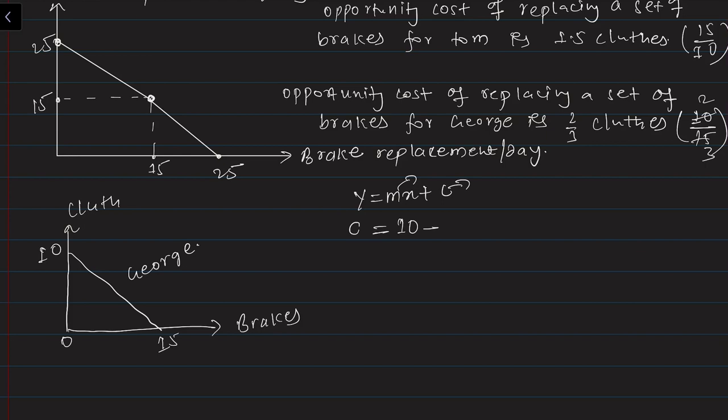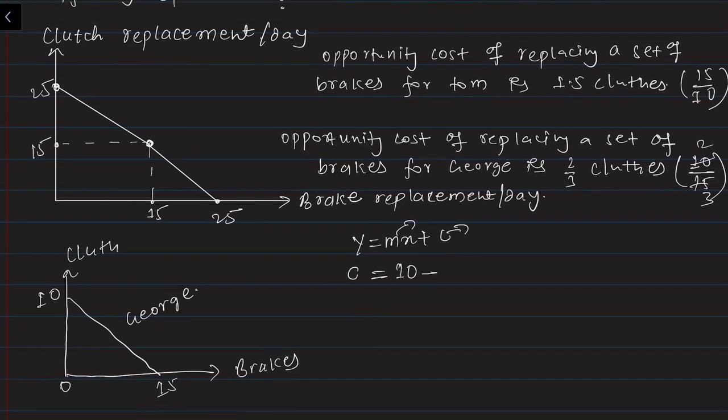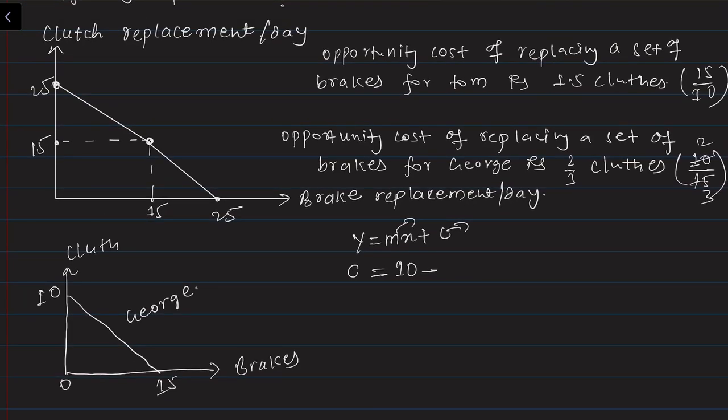So 10 is the intercept, and the minus shows that the line is downward sloping, and the slope is basically 10 over 15, which is the opportunity cost of replacing a set of brakes. As I told you earlier, the slope and the opportunity cost of whatever is on the horizontal axis are basically the same, right? So this is C equals 10 minus 2 over 3 B.